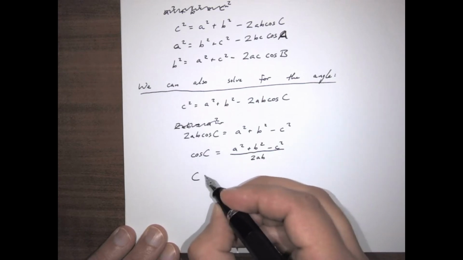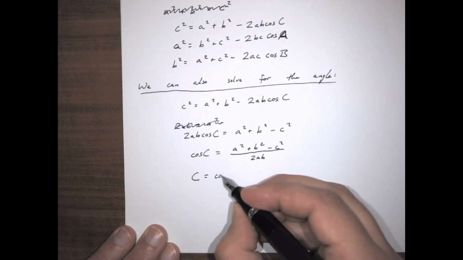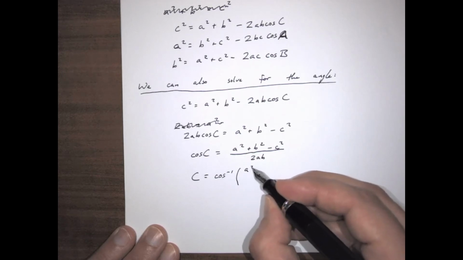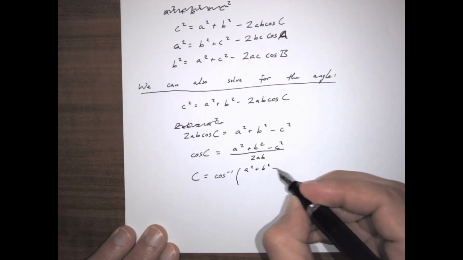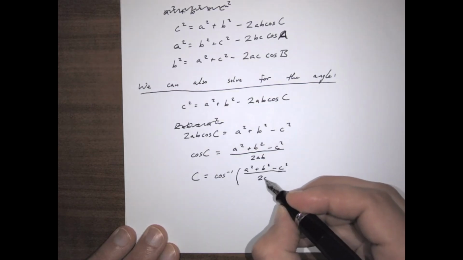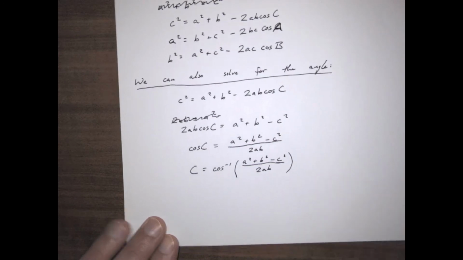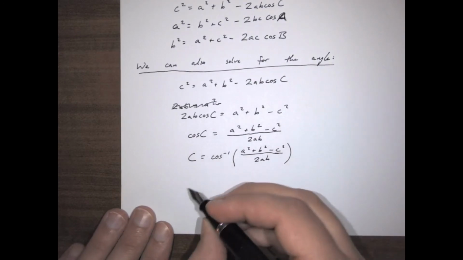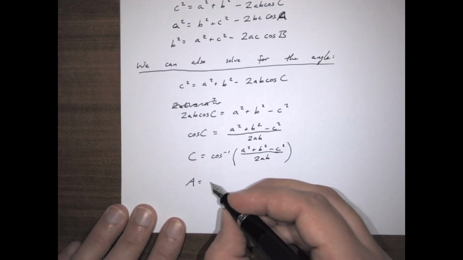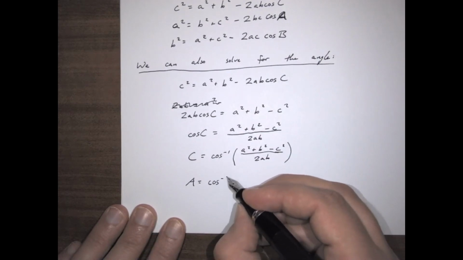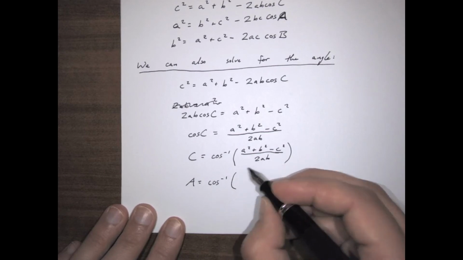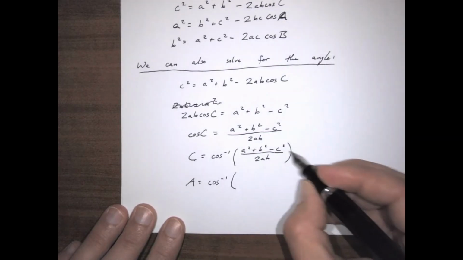And then that means that c is equal to cosine inverse of that. And by the same token, we can rewrite this with any of the other angles in place of the c, and then the way it scrambles these is basically whatever angle that is, it's that side there.